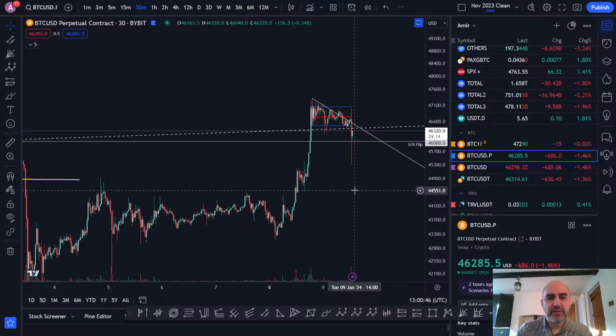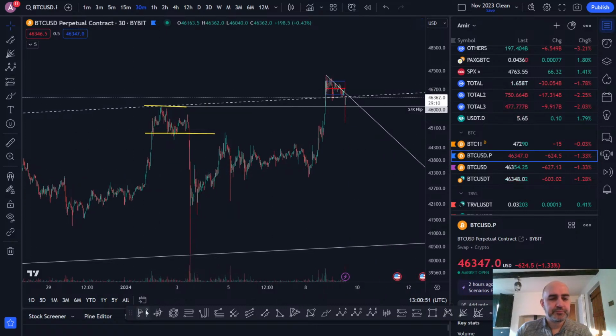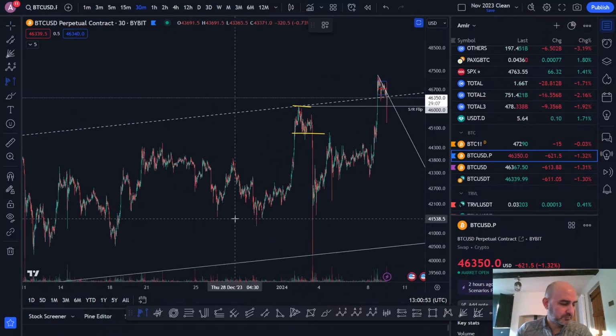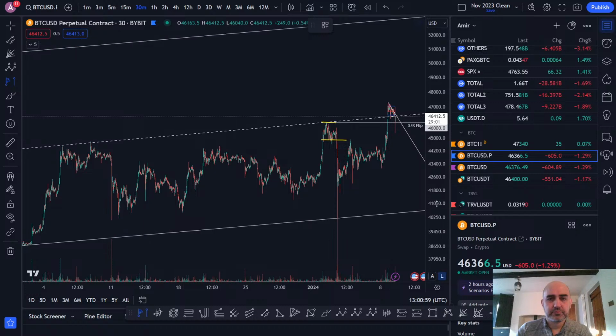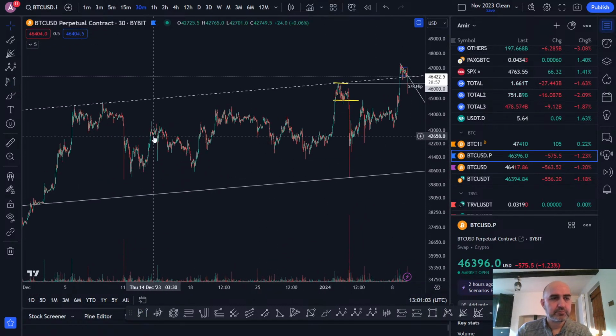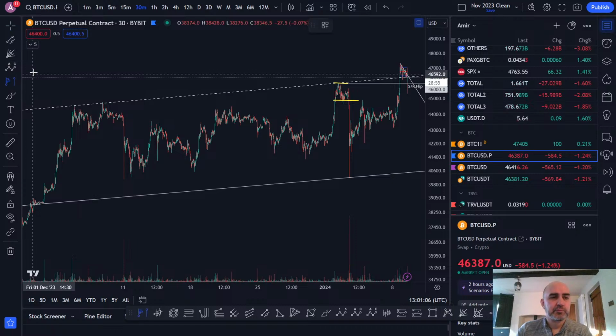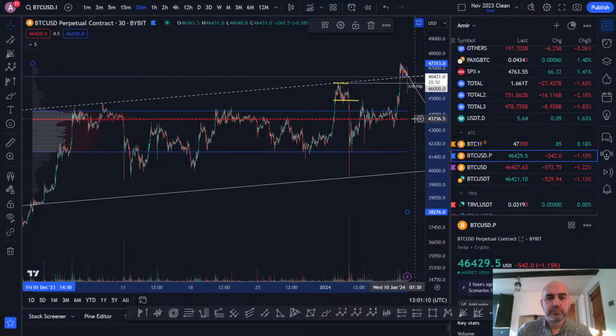Where did it hit the value area high? You mean this bottom one here? Not that one.